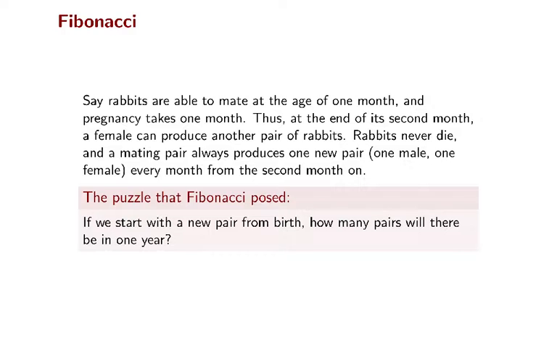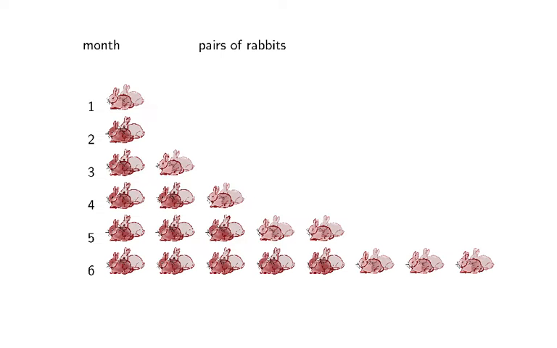So now stop the video for a moment and think if you can figure out the answer to this puzzle. Well, Fibonacci did figure out the solution, just counting the rabbits. So in the 1st month we have only 1 pair, and they are not mature yet, right?